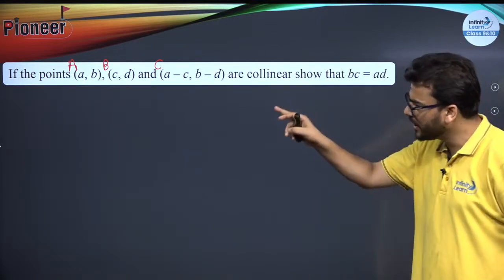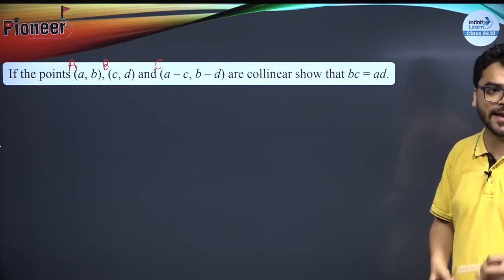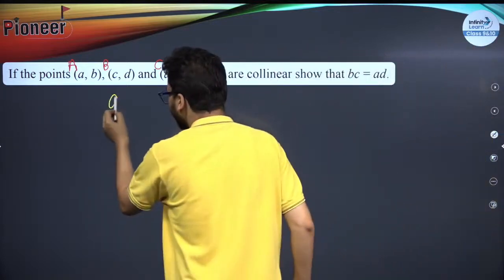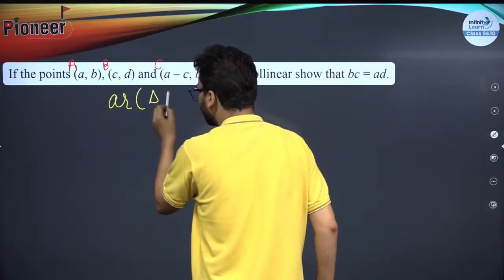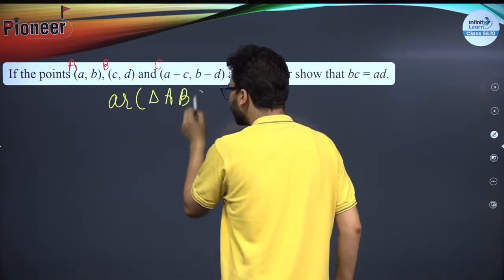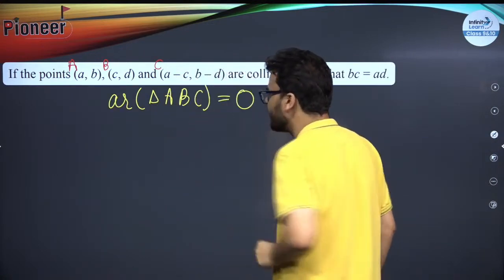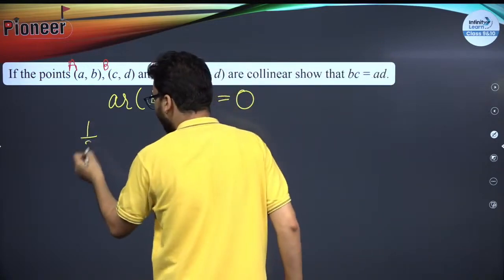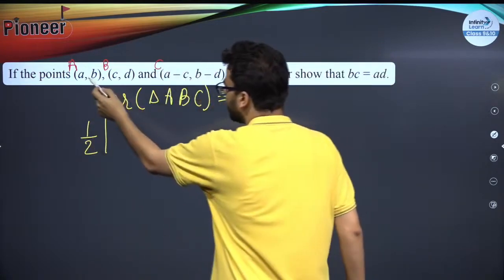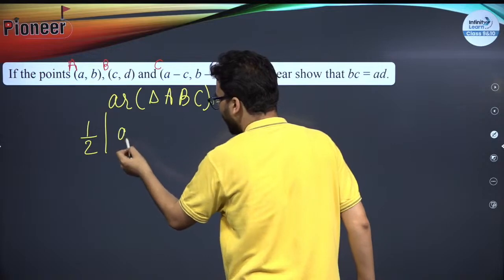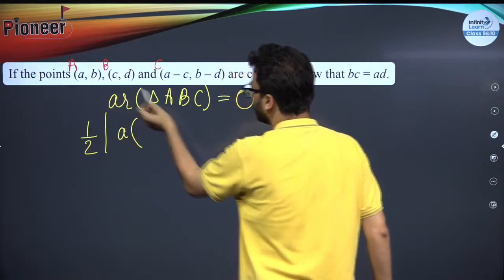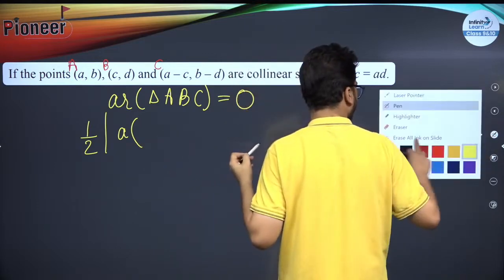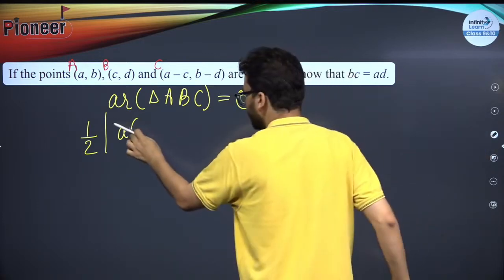Now guys, if A, B and C are collinear, we have studied in this class itself that can't we say that area of triangle ABC will be 0, correct? Now what is the area of this triangle ABC? That will be half into modulus of x1 (y2 minus y3), so let me write it properly, otherwise it will be confusing maybe.